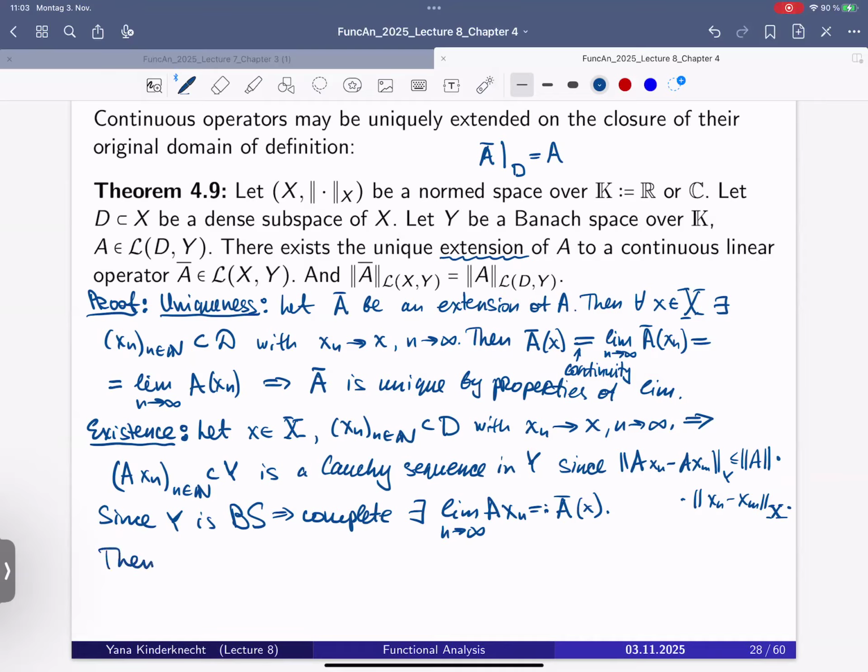Then, and this is an exercise, this definition of A bar does not depend on the choice of approximating sequence.